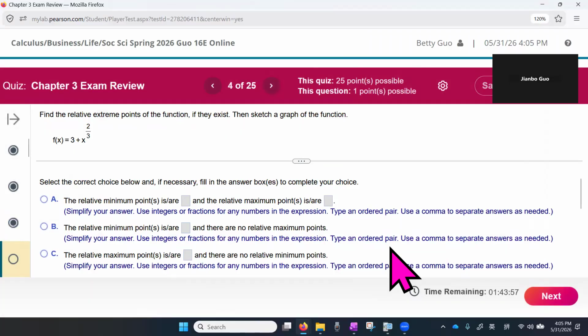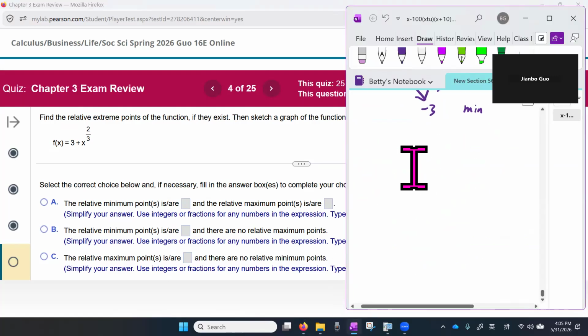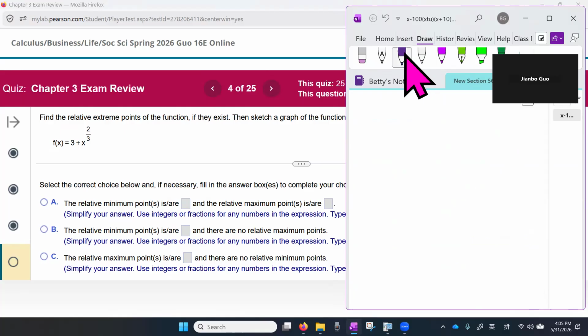Question number 4. Find the relative extreme points of the function if they exist. Then sketch a graph of the function, right? Let's see. This function is f of x equals 3 plus x to the power of 2/3.